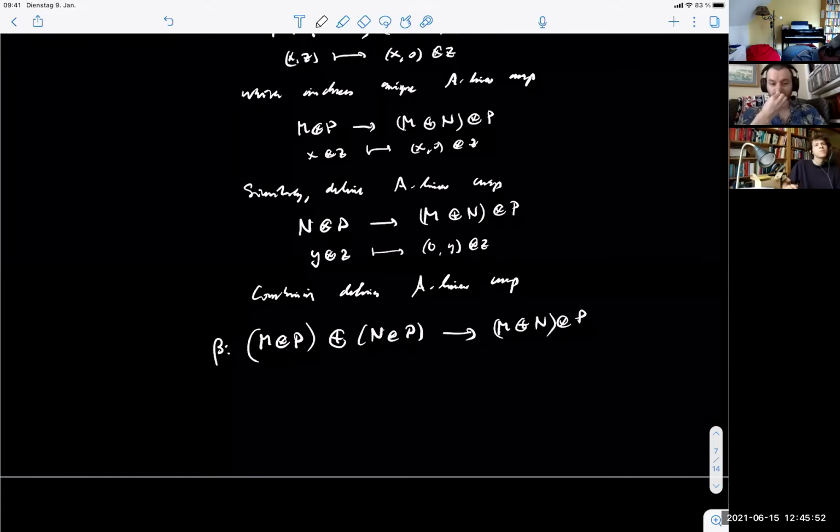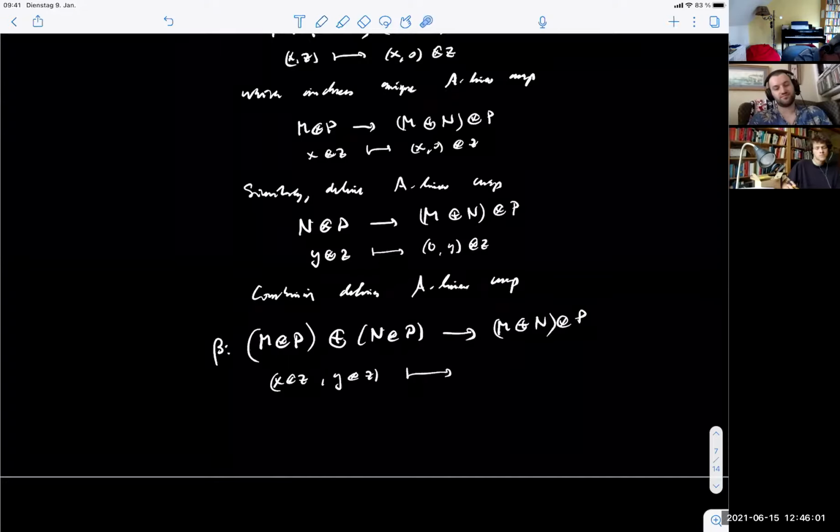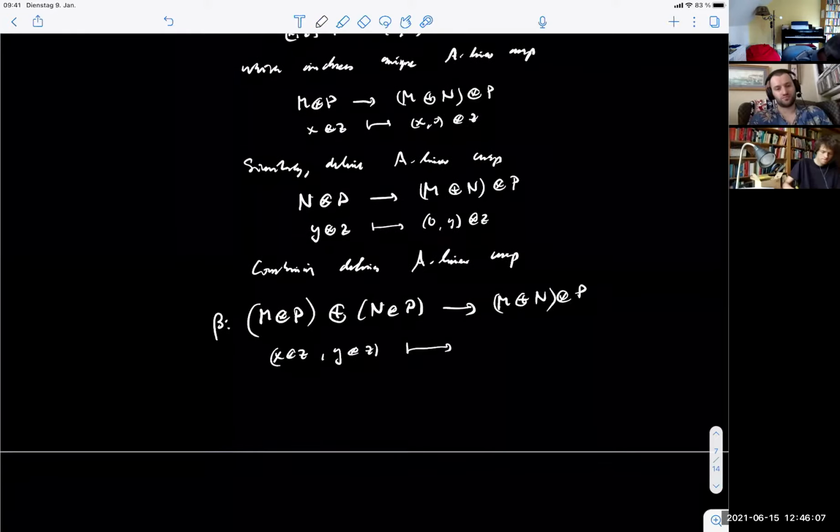And it will map x tensor z. It's basically a writing exercise, this proof. And here on the right-hand side, I have to take the sum of these things: (x, 0) tensor z plus (0, y) tensor z.